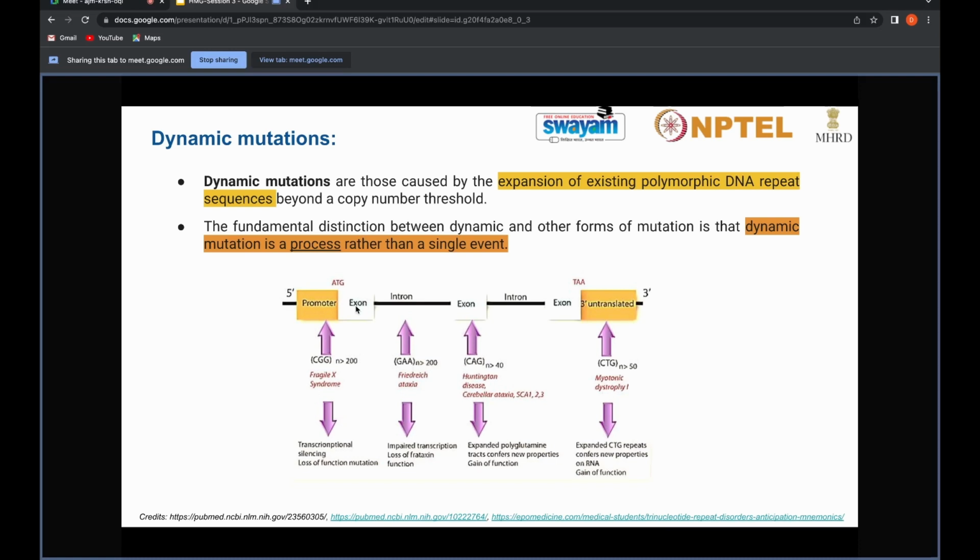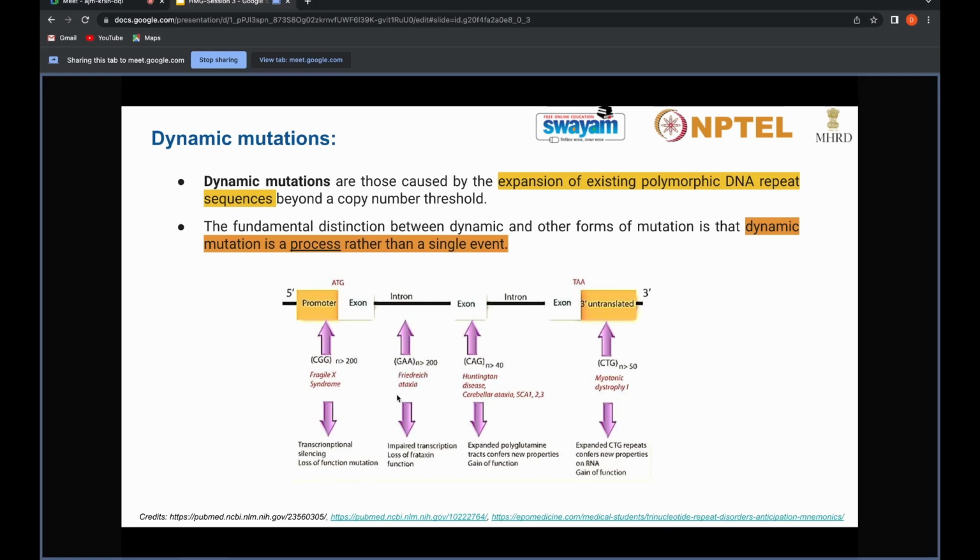So in the promoter region, if this CGG repeat expands above 200, it leads to Fragile X syndrome. And what effect does it show? It leads to transcriptional silencing and loss of function mutation.